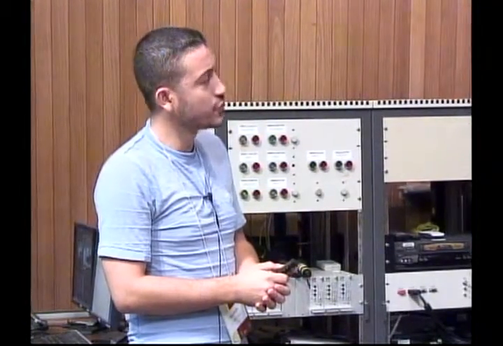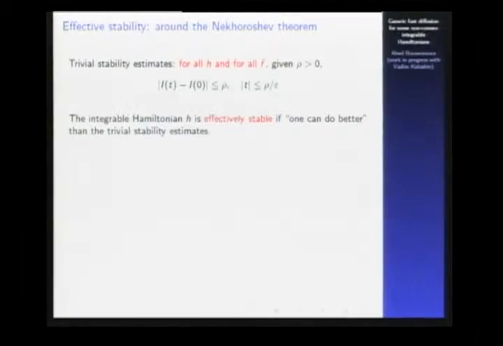Now let me introduce another definition. It's very informal; I can make it formal, but it takes a long time. I would say that the integrable Hamiltonian is effectively stable if you can do better than this. Let's define a Hamiltonian which is not effectively stable, and then effectively stable would be the negation of that.